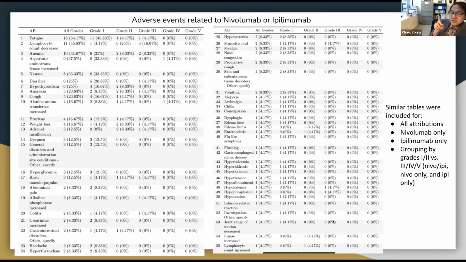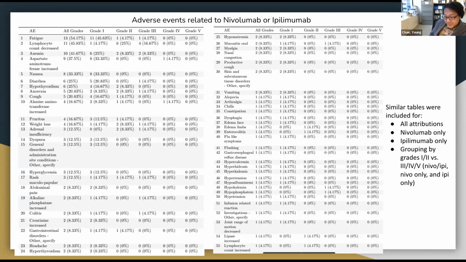But wasn't the regimen all Nivo IPI? I think so. I don't think it was talked about, but I think so. Okay, Nivo or IPI is okay because the regimen is Nivo plus IPI. In the real world, the investigator has to say what they think this adverse event is related to, and some investigators would say related to Nivo and not related to IPI. That's why it's different for drugs.